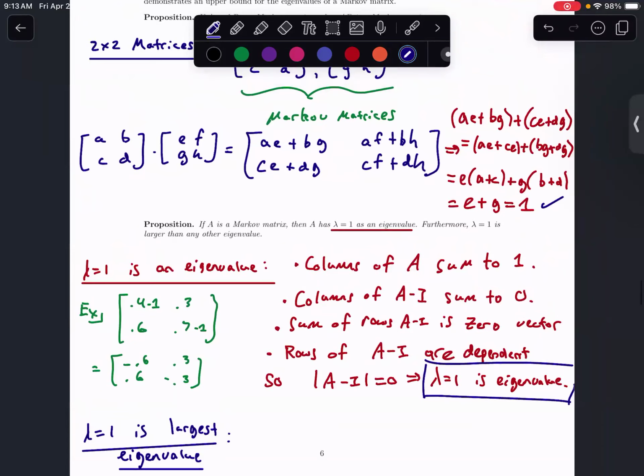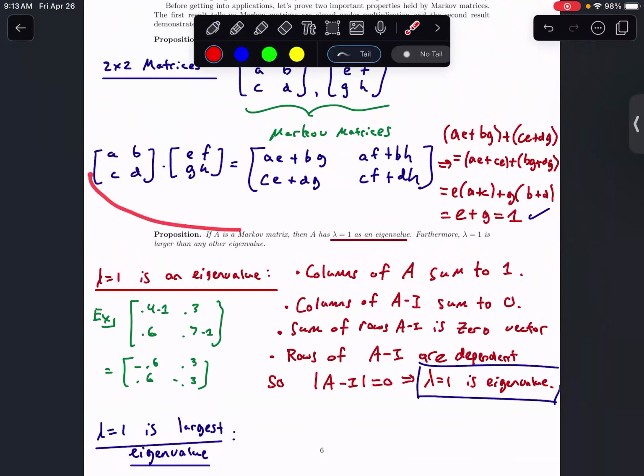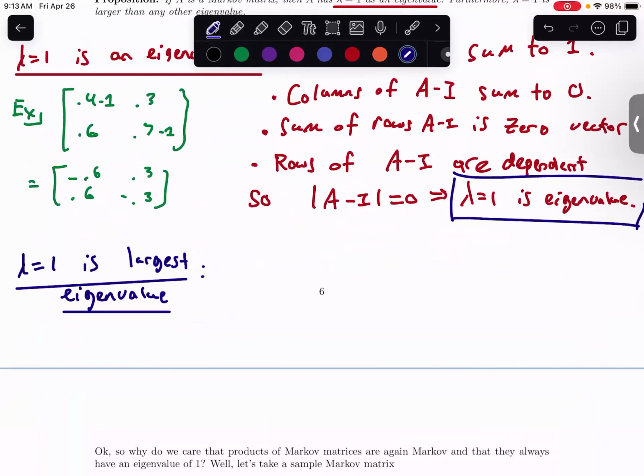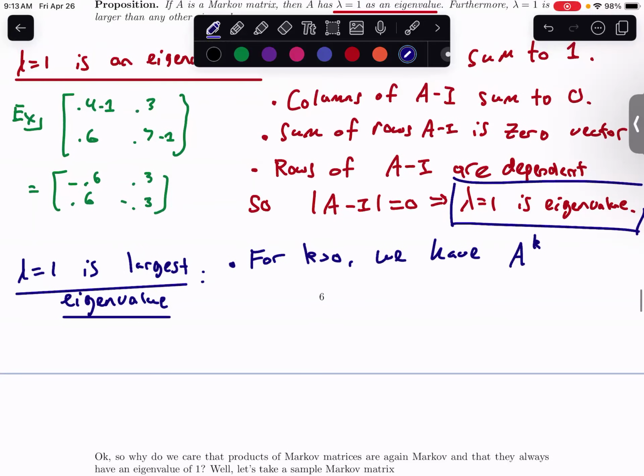The main idea is that we use the fact that the product of Markov matrices is again a Markov matrix. So what we know is that for any k greater than 0, A to the kth power is a Markov matrix.